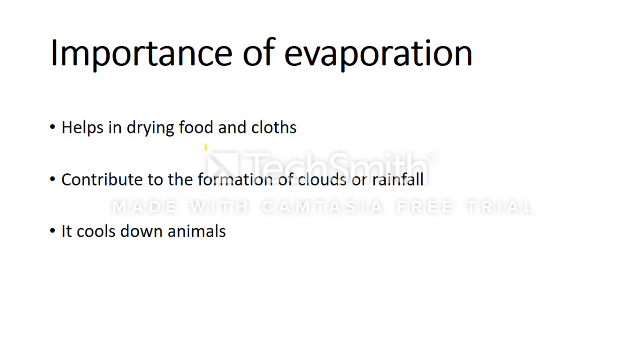Sometimes we eat dry food, right? We also need our clothes to be dry. You can't put on a cloth which is wet. It is impossible, you need it to be dry. What makes it dry is this process of evaporation. So evaporation helps in drying food and clothes.